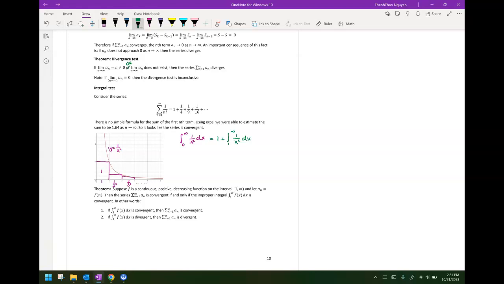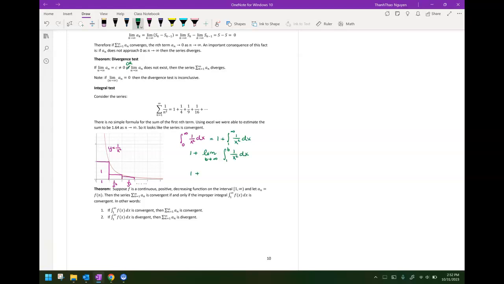I can evaluate that integral by using an improper integral, if you remember. So this is 1 plus the limit as b approaches infinity of the integral from 1 to b of 1 over x squared dx.